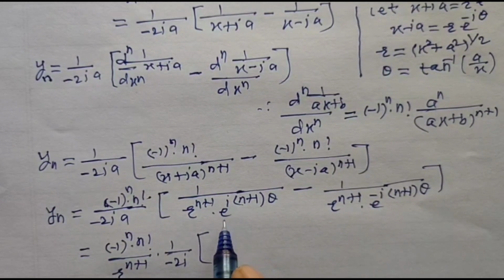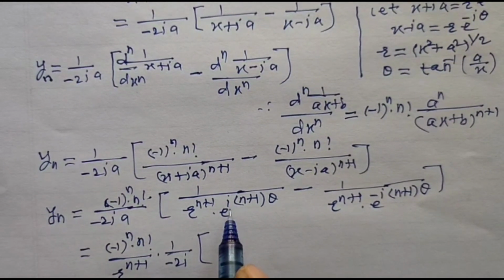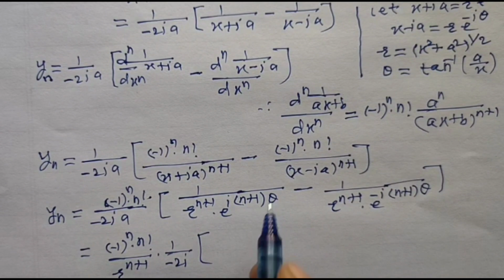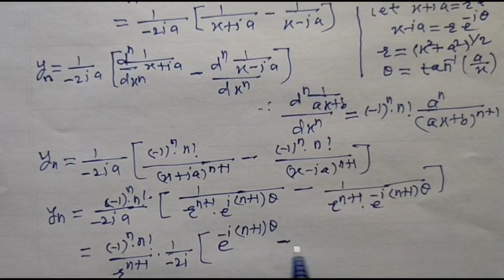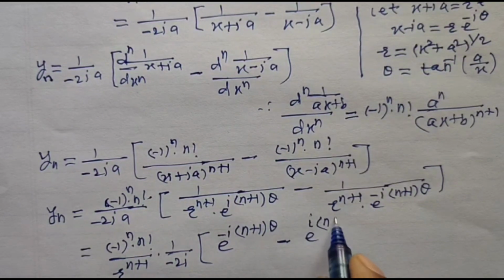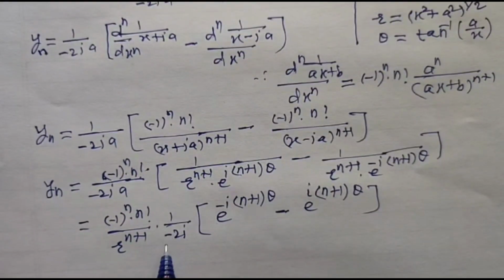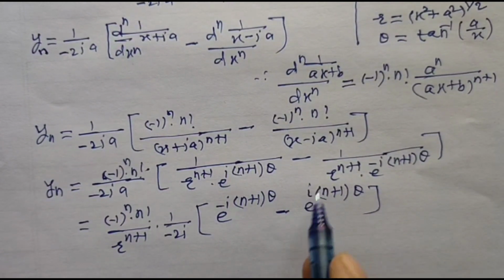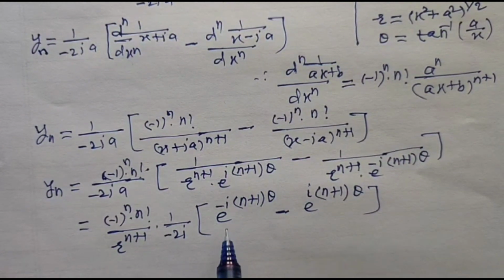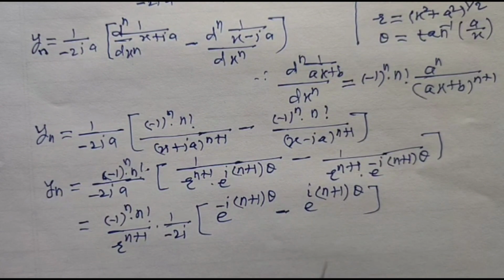and now in the bracket, the first term 1 upon e to the power i times (n plus 1) times theta. We have to take this in the numerator, changing the sign of the power: e to the power minus i n plus 1 times theta minus e to the power i n plus 1 times theta. Now take this minus 2i inside this bracket and taking the minus sign common, means we want this term at this position and this term in the second position.